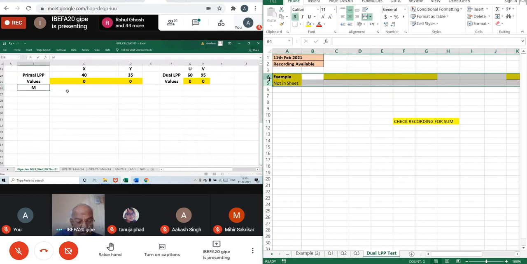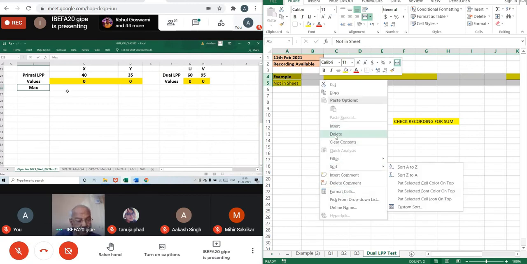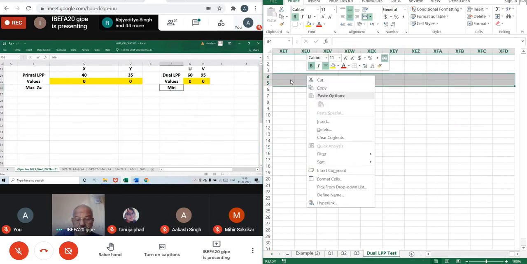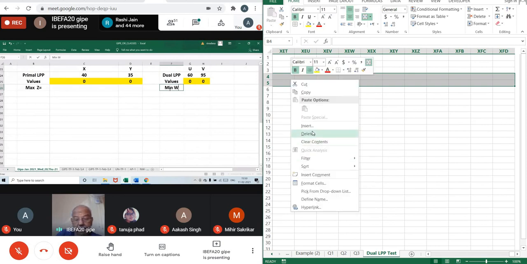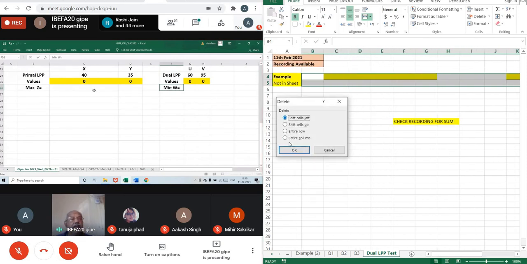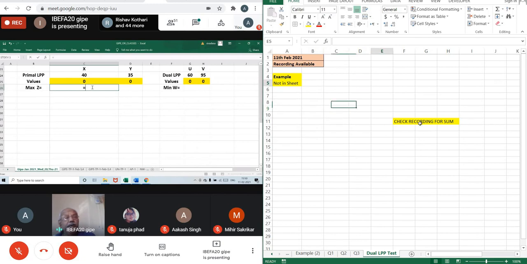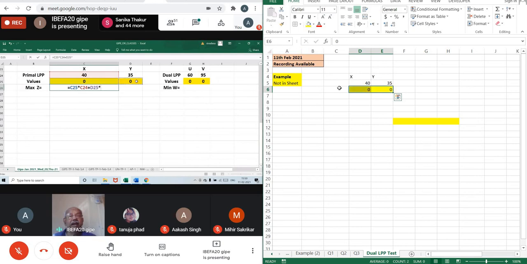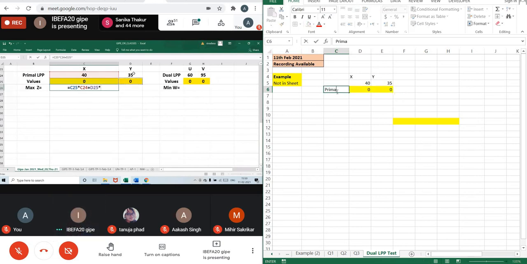Now we have maximum Z. And here also minimum W. So the linear combination we used to do, remember, equal to value of X multiplied by 40 plus value of Y multiplied by 30.